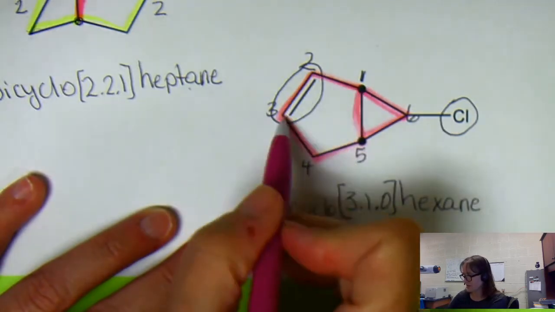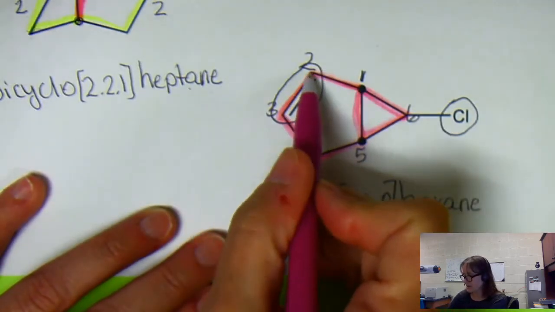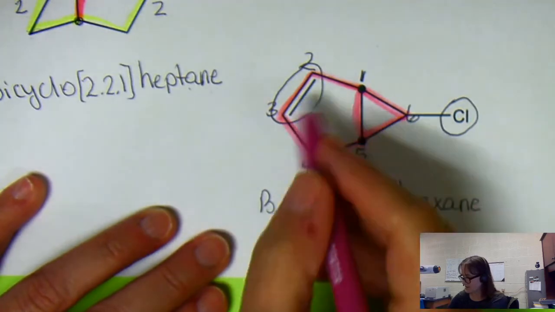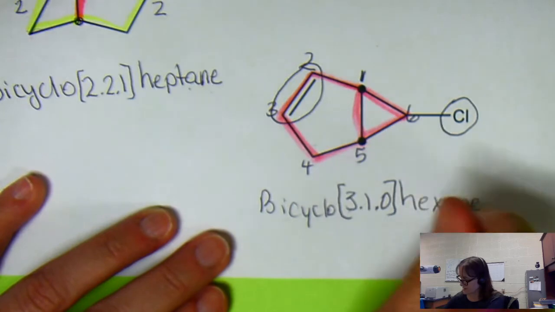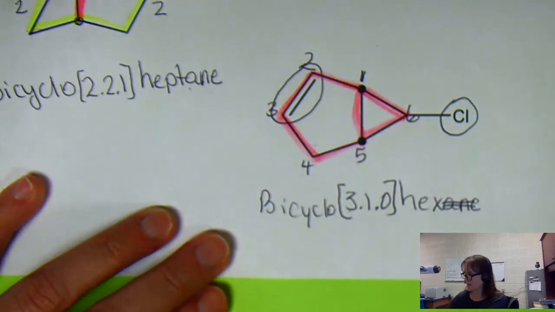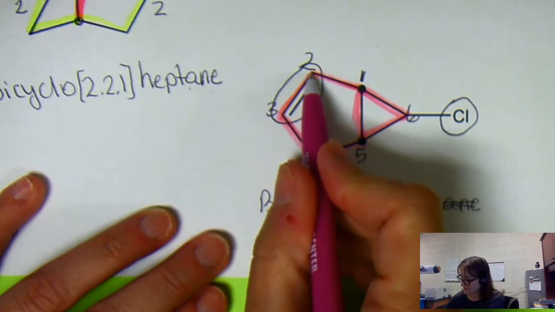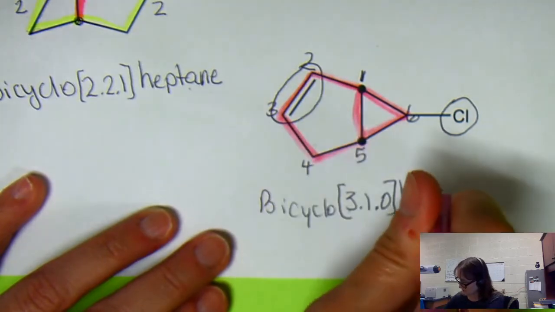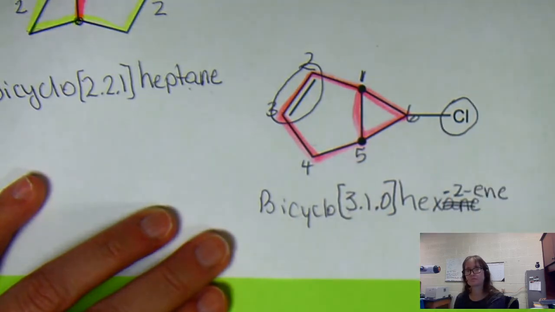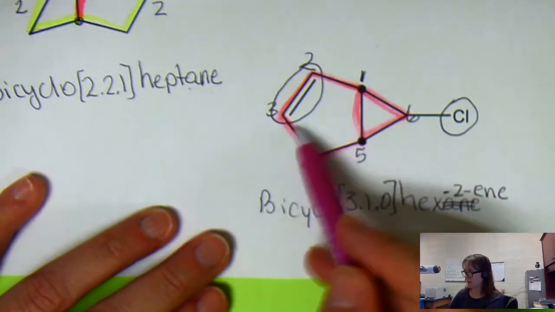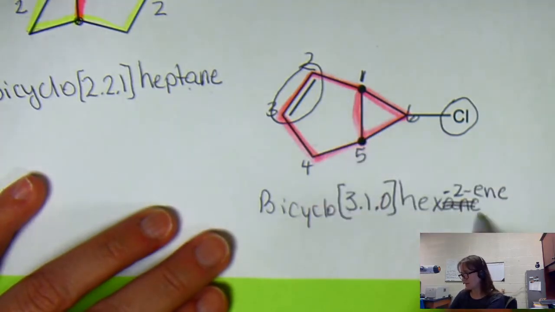If I number it this way, it means that my alkene is between carbons 2 and 3. So this is not, I need to change that. Okay. And so this would be 2-ene. Because I had a double bond, I need to change the ending, and I can insert the location of where that double bond is.